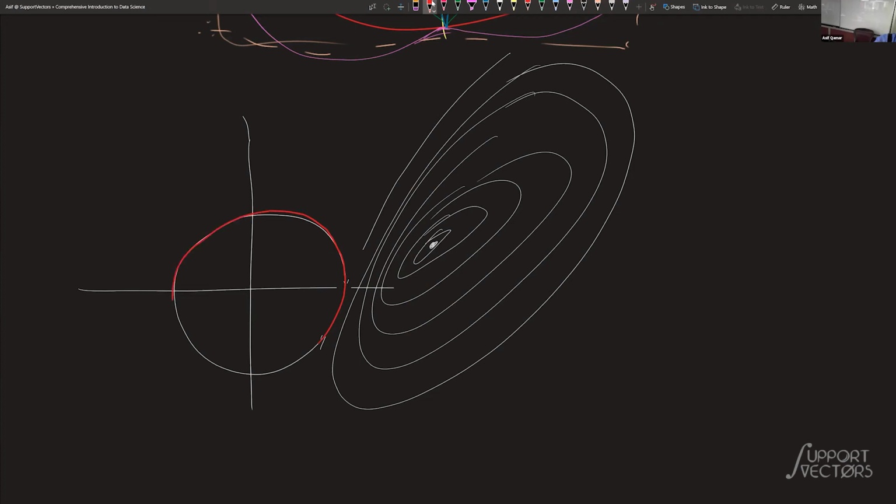Once again, this is what we are familiar with, right? And let's say that my error surfaces are all like this. So where do I achieve the minima if I use the red circle? Here, somewhere here. This is my minima, isn't it? This is the beta naught axis and this is the beta 1 axis.